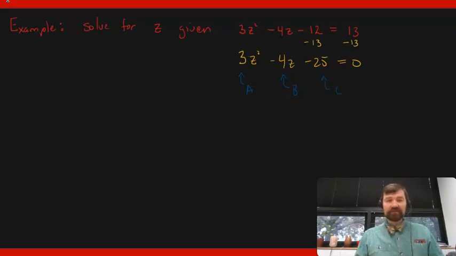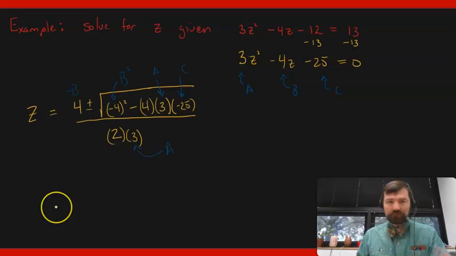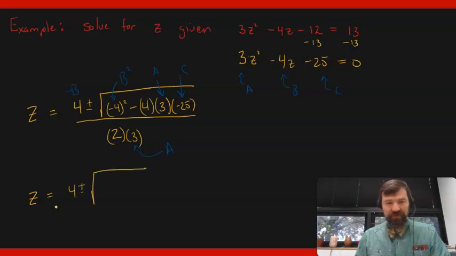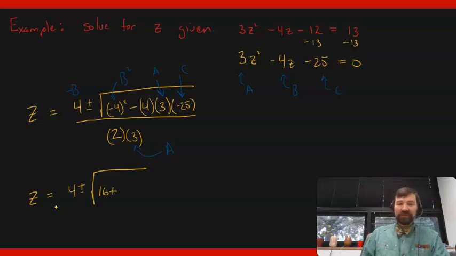So again, I can set up my quadratic formula. I therefore get an equation that looks like this, with all of our a's, b's, and c's plugged in. So z would look like 4 plus or minus the square root of 16, and I have a minus 4 times 3, which is 12, times negative 25. So that becomes 16 plus whatever 12 times 25 is.